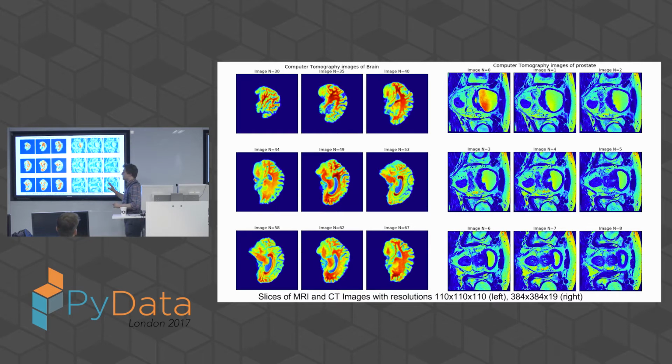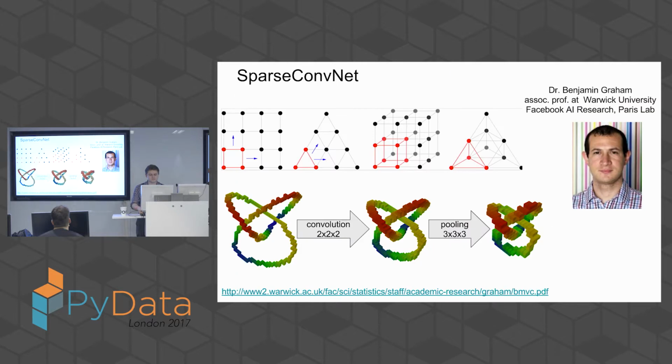On the right, we have computer tomography images of prostate cancer patients. You can see a lot of blue on those images, and blue means lower values, lower densities. If you use some thresholding, you can turn most of those images into zeros, effectively making them sparse.